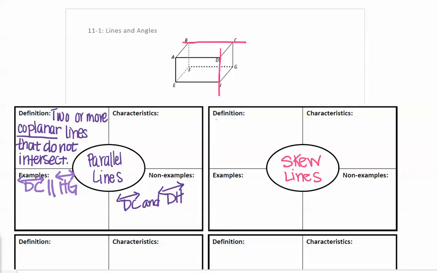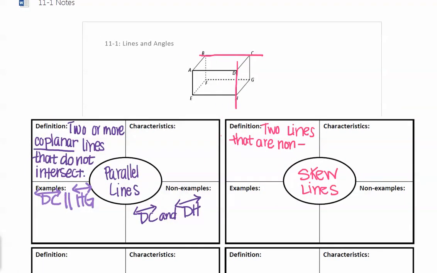The formal definition of skew lines is two lines, usually we're just going to focus on two, that are non-coplanar and do not intersect.